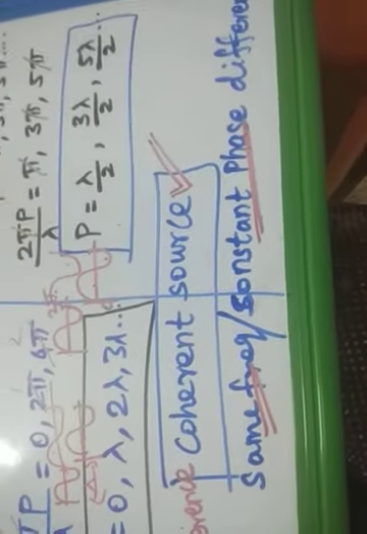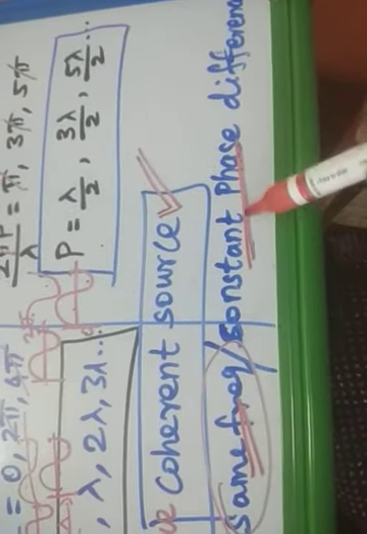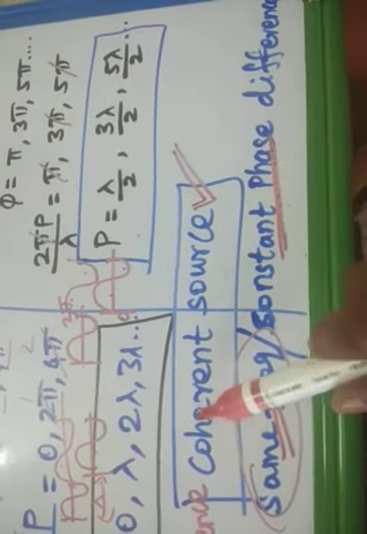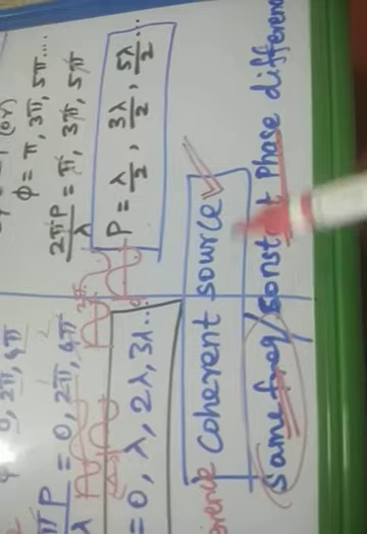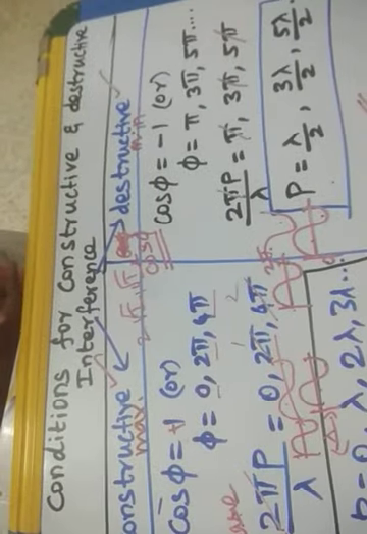The two light sources which do not emit light with a constant phase, even though the frequency may be the same, are not coherent sources; they are incoherent sources. Incoherent sources never produce an interference pattern. Interference is simply the addition of two light waves.